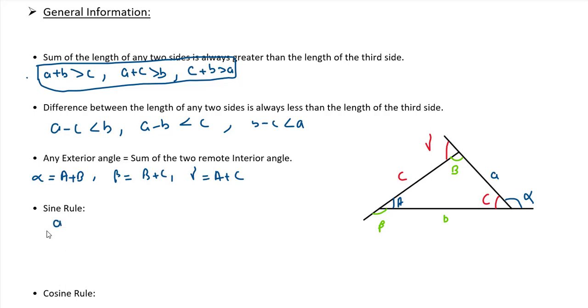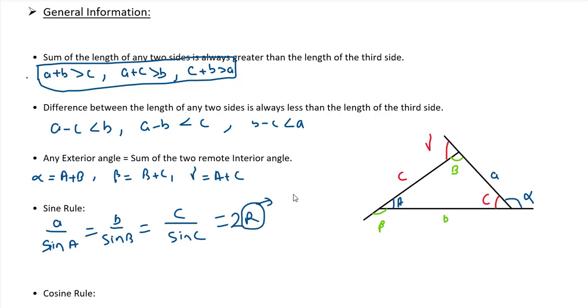So a upon sine of the angle opposite to this side, which will be sine A, will be equal to b upon sine of the angle opposite to it, which is sine B. So b upon sine B will be equal to c upon sine C, and this will be equal to 2R, where R is nothing but the circumradius. We will see what this circumradius is.